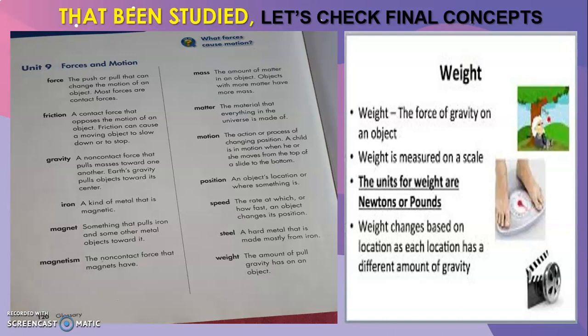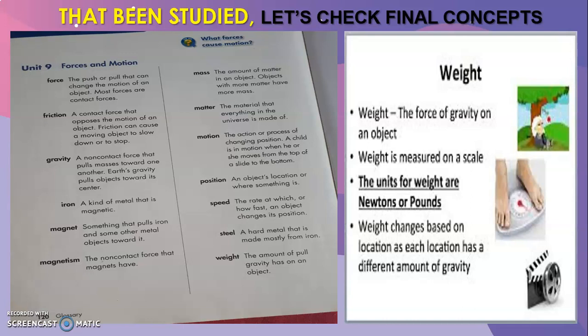Let's see, Majo, hello. Can you read magnet and magnetism? Magnet, something that pulls iron and some metal objects toward it. Okay, let's think about grandmas and our moms. Some of them like to collect these things.